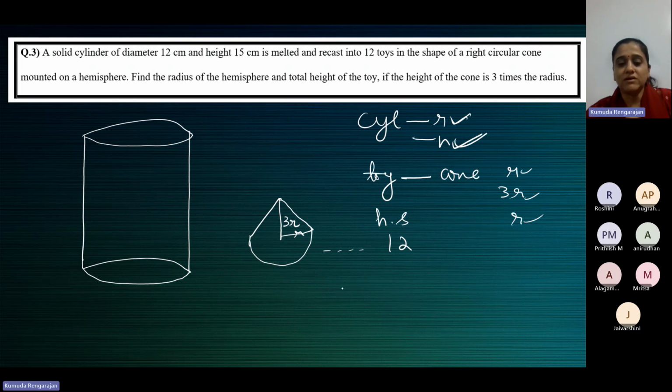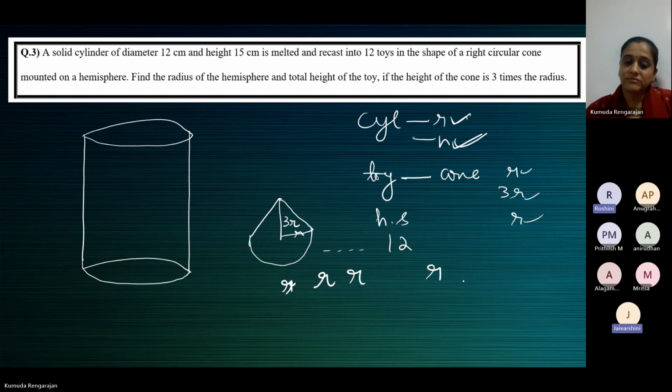For the hemisphere, what is the radius? R. Height of the hemisphere is also R. Radius of the cone? R. Height of the cone? 3r.